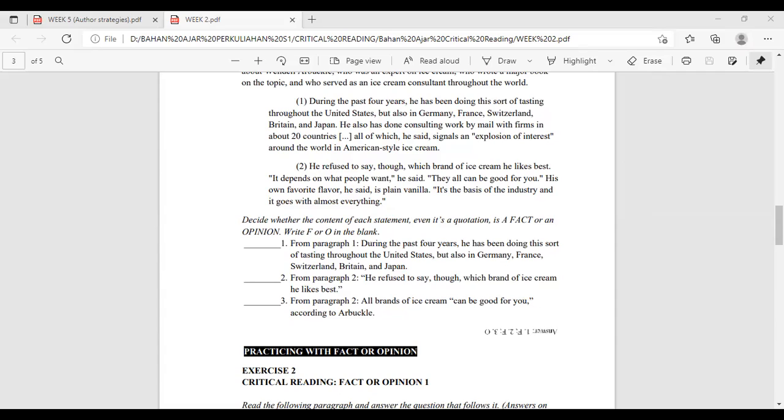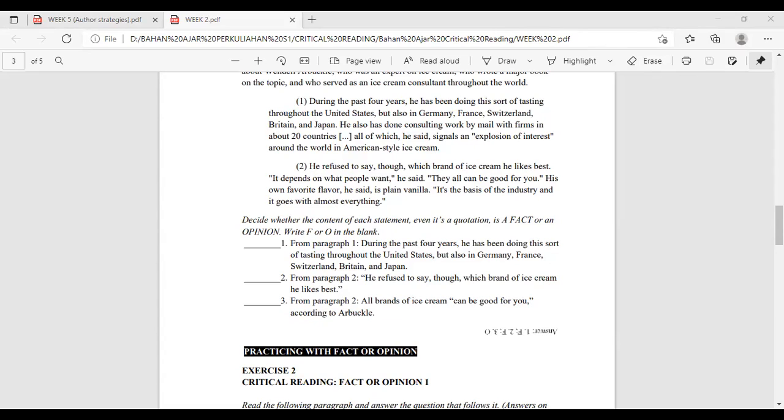The author strategy refers to the approaches the author uses to relate information to the reader. Right, the approaches or ways the author tried to relate the information that he wrote in his reading to what he tries to convey to the reader.